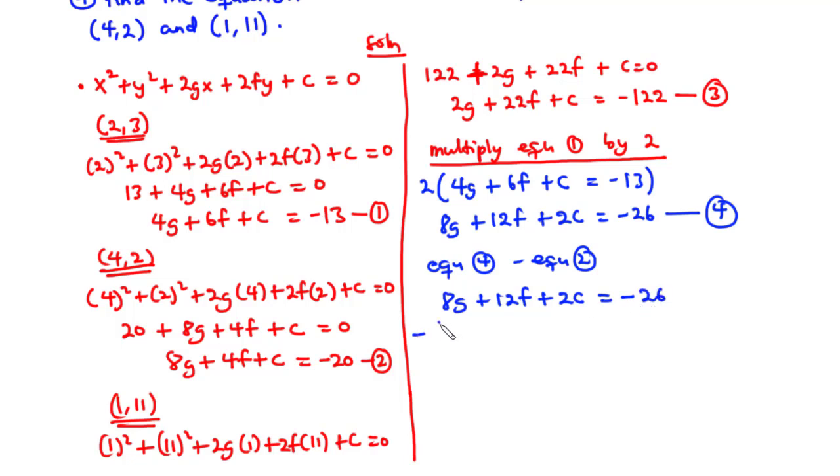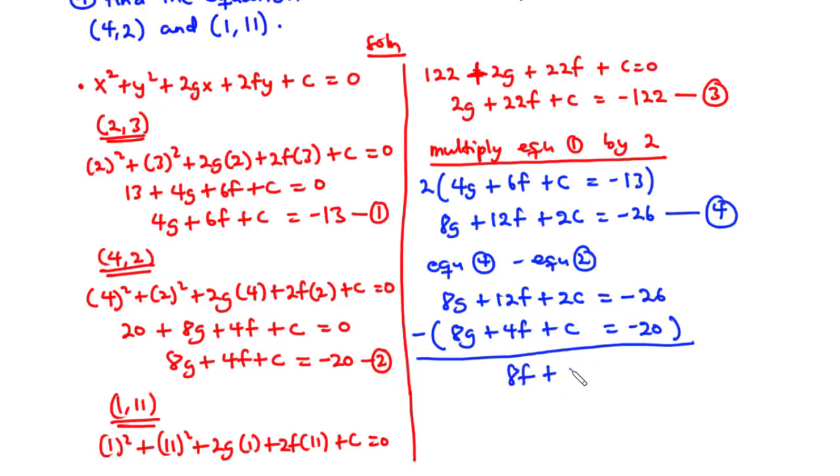So we have this minus equation 2, which is 8g plus 4f plus c equals negative 20. Now 8g minus 8g is 0. 12f minus 4f is 8f. 2c minus c is c. And then negative 26 minus negative 20 is negative 26 plus 20, which is negative 6. Now let's call this equation 5.